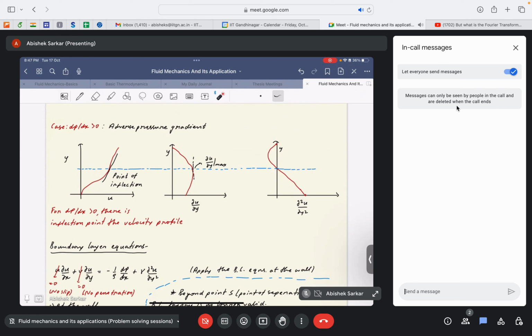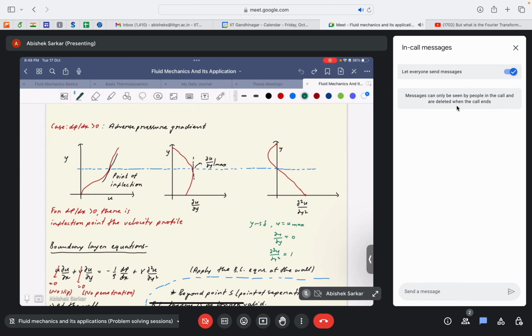So at y equal to delta, u equal to u max. So it will imply ∂u/∂y is equal to 0. And since u is u max, it will tell us that ∂²u/∂y² is negative.